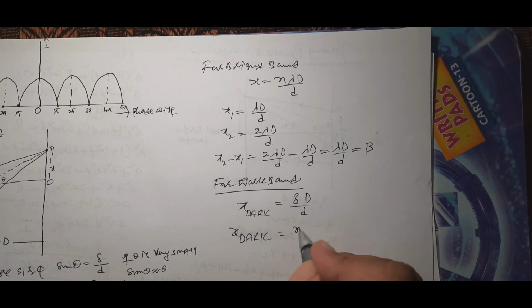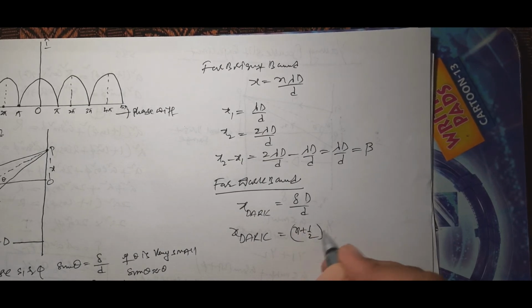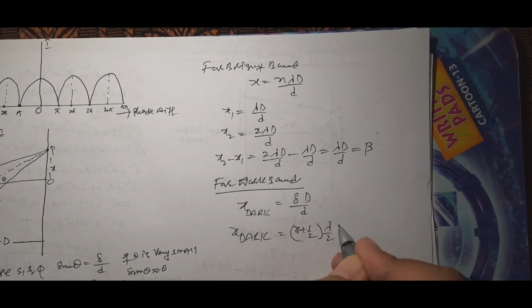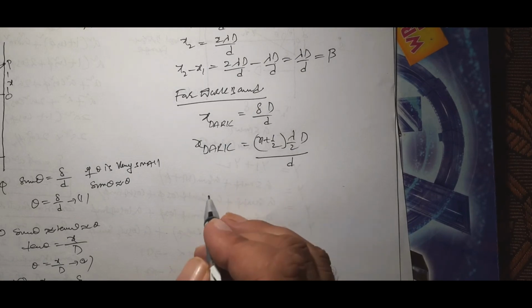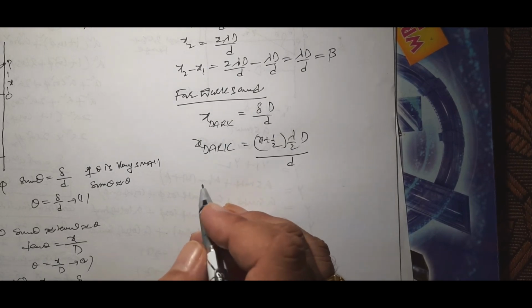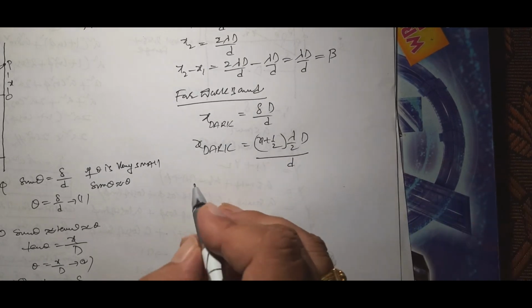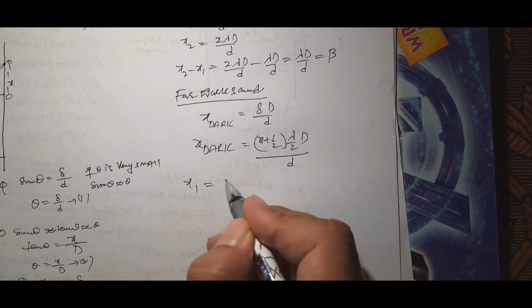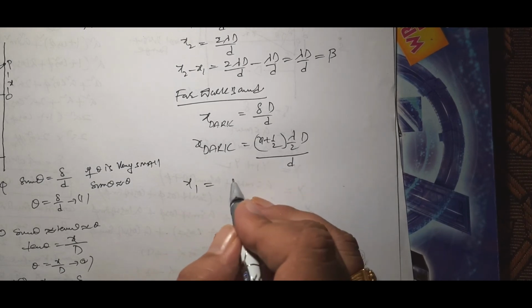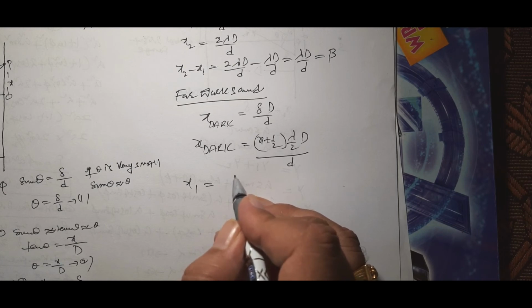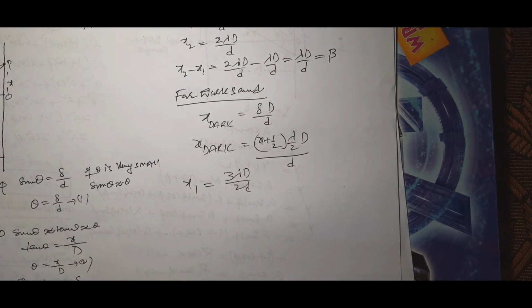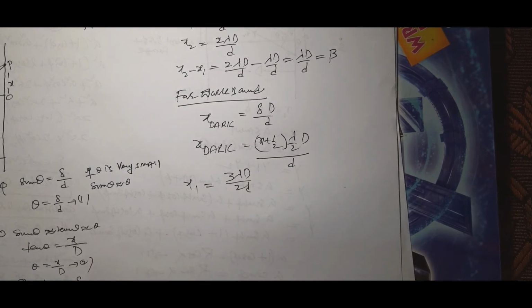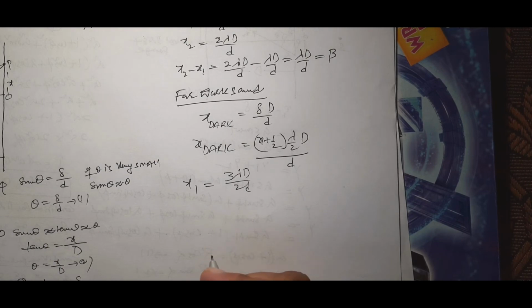For dark band, it is (n plus 1 by 2) lambda, so x dark is (n plus 1 by 2) lambda D by d. This is the position of the dark band from the center of the screen. Now x1, put n is equal to 1: 3 lambda D by 2d.